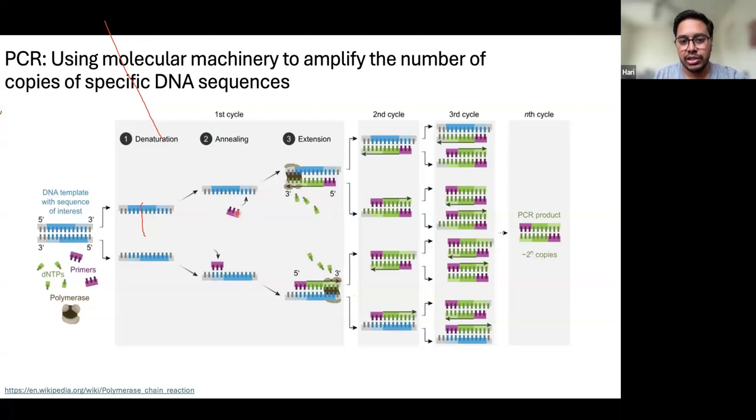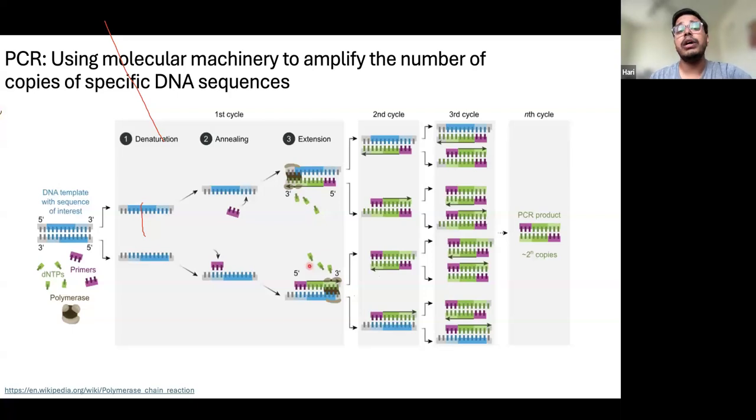The extension temperature usually is around 72 degrees Celsius, the optimum temperature for the polymerase to carry out the extension. Depending on the size of the fragment, usually for 1000 base pairs, we give about 1 minute to extend. And we can tune all these parameters to get the optimum results.